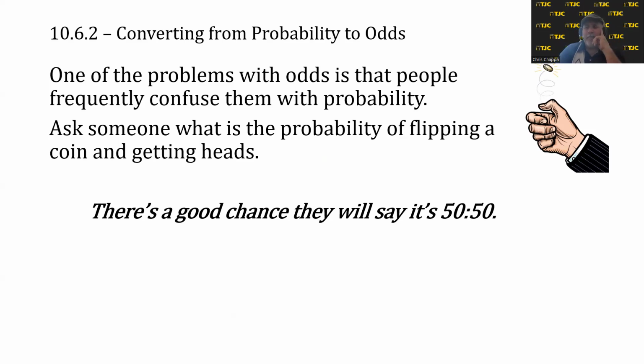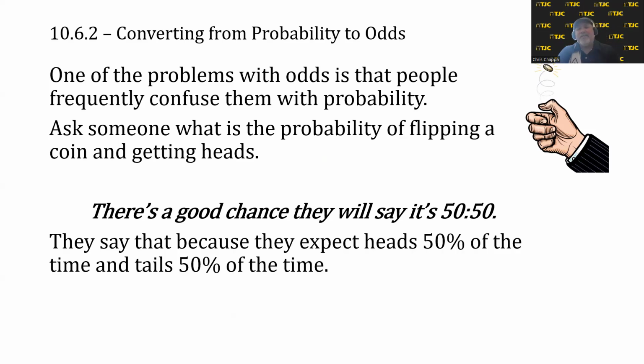But is that really a probability? Well, they say that because they expect heads 50% of the time and tails 50% of the time. But if we're looking for the odds in favor of flipping a coin and getting heads, we're asking for the probability. So what's the confusion?